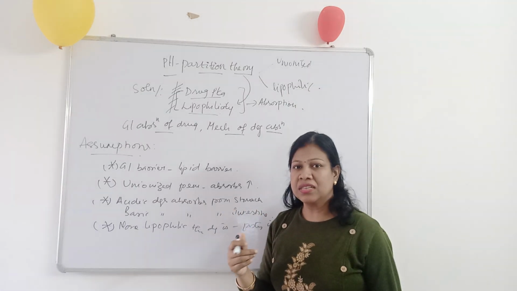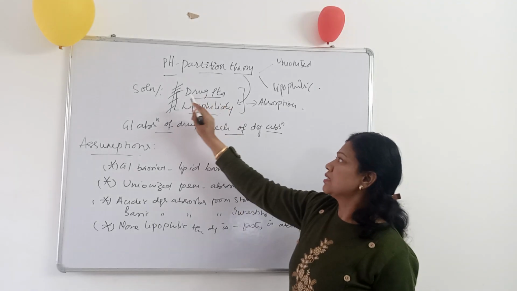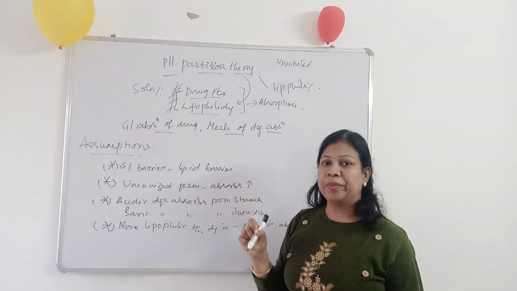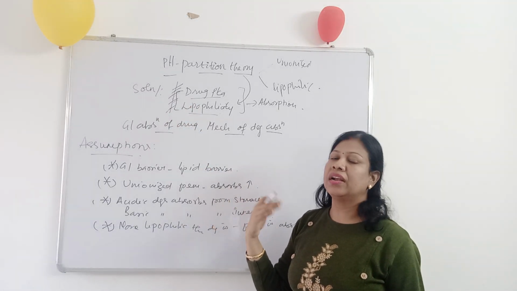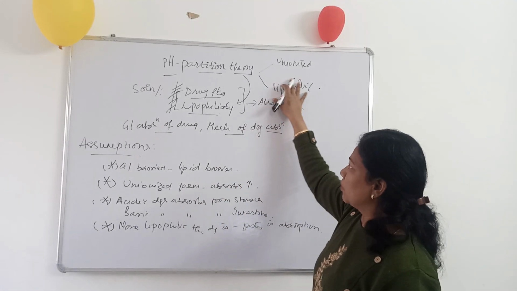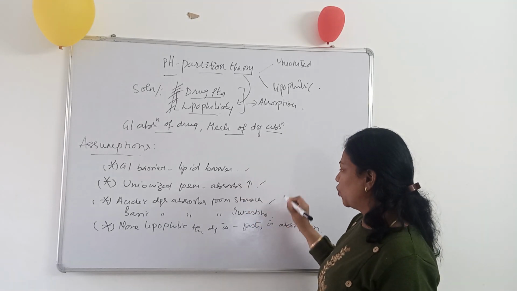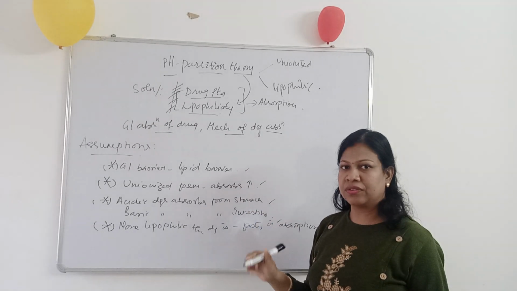So usually we say the absorption is maximum for the unionized form of drug, as the membrane is lipophilic in nature and the lipophilic form of drug absorbs more. So that is the hypothesis of pH partition theory. So these are all the different assumptions of the theory.